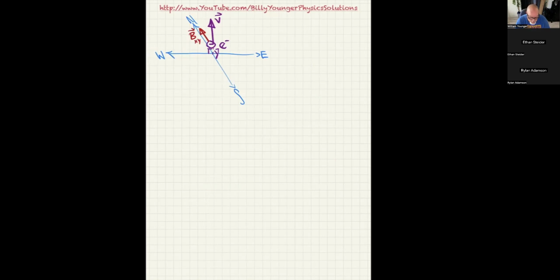So can anybody use the right-hand rule that I just taught you to figure out which direction the force will be acting? The law is F is equal to Q V cross B. And please recall that the charge is an electron and therefore has a negative charge. Anybody have an idea what direction this would be?